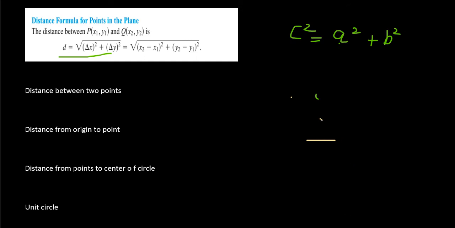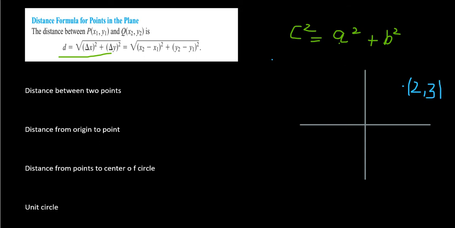I'm erasing to use the space over here. Suppose it is our Cartesian coordinate and here lies our point, that is 2 and 3, and supposing the second point lies over here, that is 1 and minus 3.